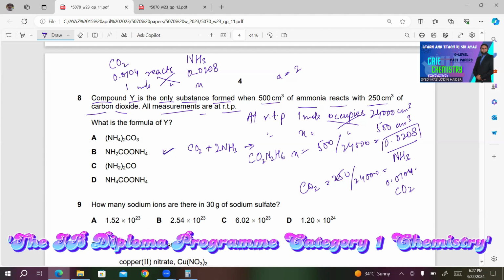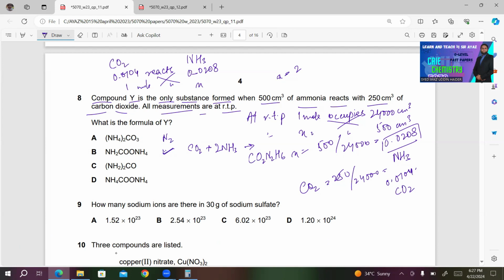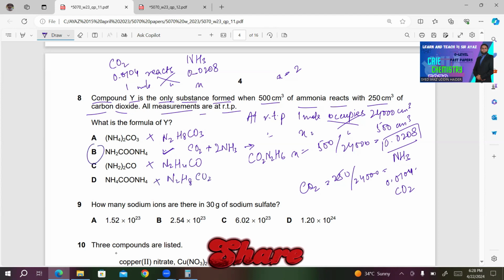What about 1? In 1, we have N2, H8 and CO3. So this is incorrect. What about C? In C, we have N2, H4, CO. This is also incorrect. Last one, N2, H8, CO2. This is also incorrect. So B must be the right answer.